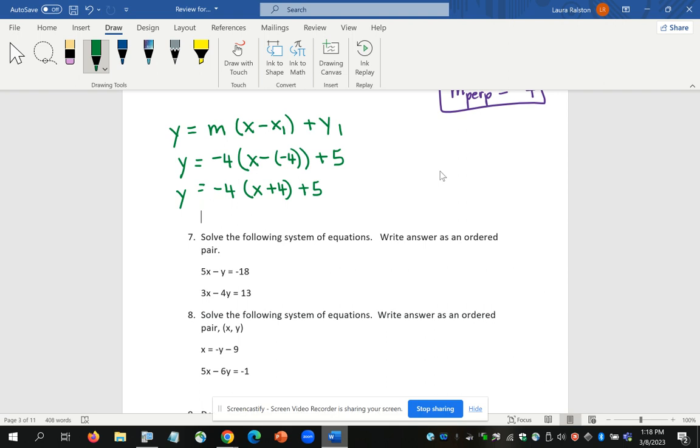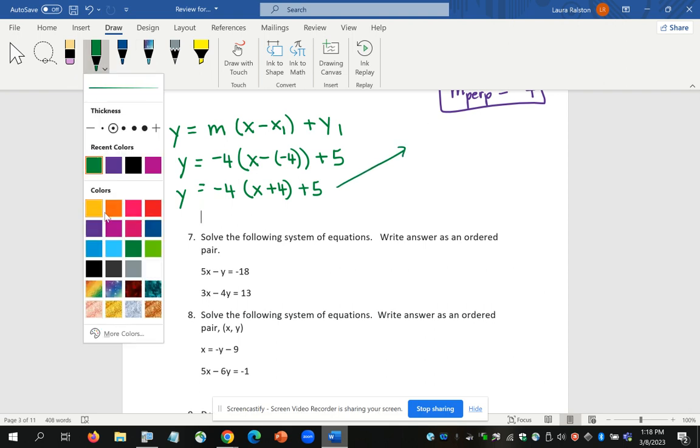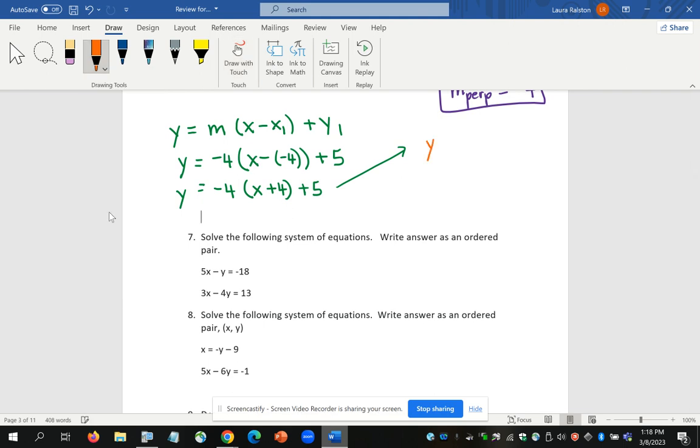I need to distribute and combine like terms. So I would have y equals -4 times x is -4x. -4 times 4 is -16 plus 5. Combining like terms, I have y equals -4x minus 11. And that would be the equation of the line that is perpendicular to the given one and passes through the point -4, 5.